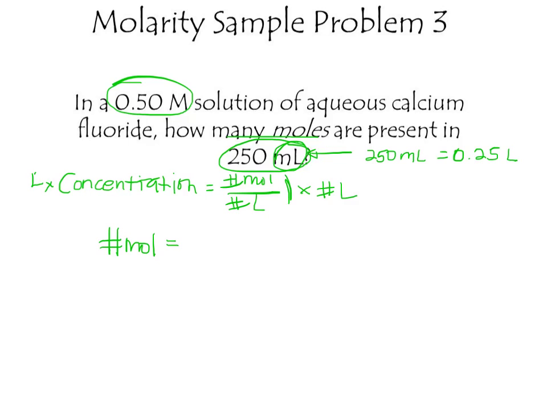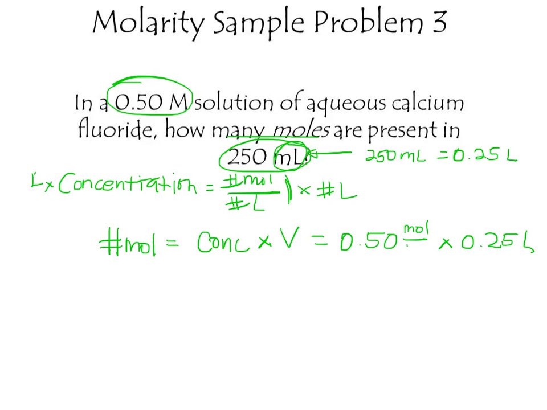So the number of moles is equal to concentration times volume, which is 0.50 molar times 0.25 liters.